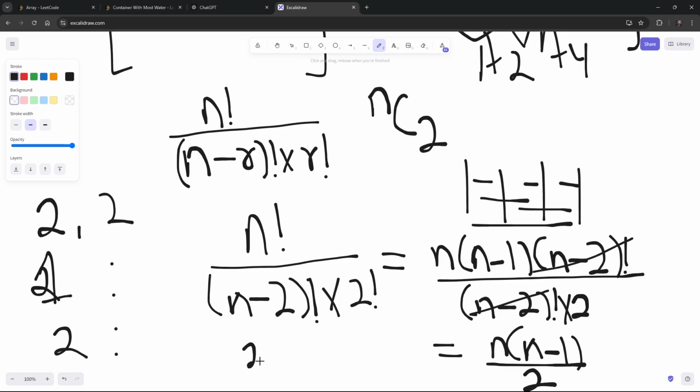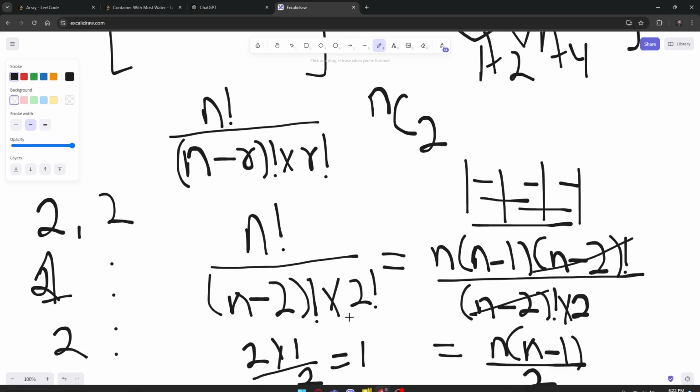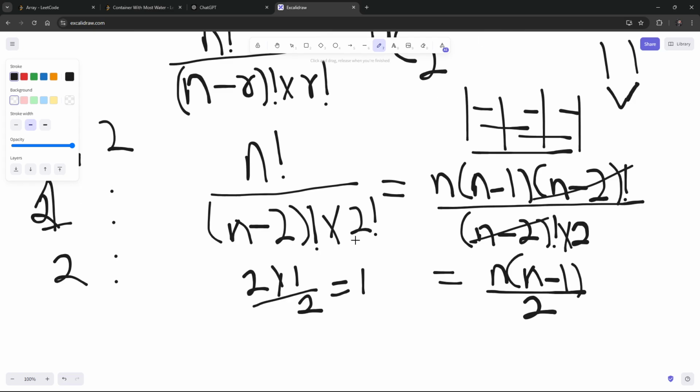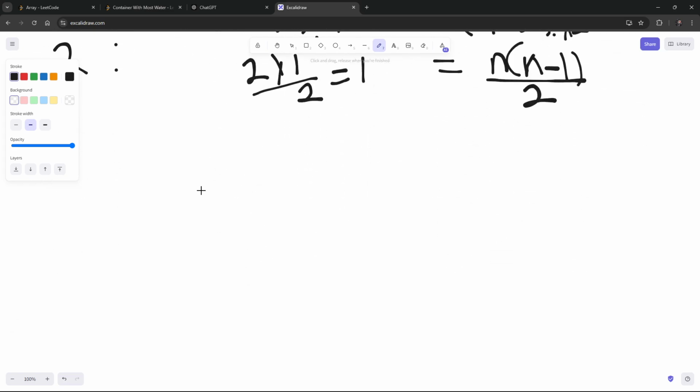This is given by 2 into 1 by 2. No, this doesn't make sense. Okay. So if these are two lines, then we will convert this to one. Okay, that's correct. Again, if there are three lines, then we will compare this line with this line and this line with this line. Again, we will compare this line with this line only, as we have already compared these two lines.